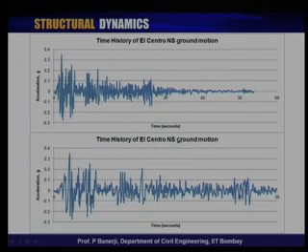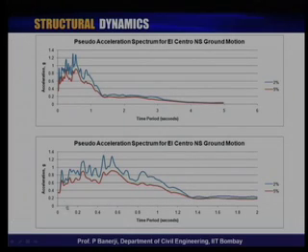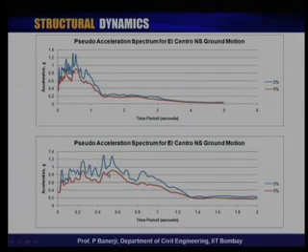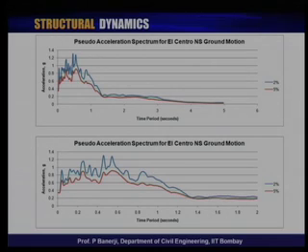This is where velocity controls from about 0.6 till about 1.5, and acceleration between about 0 to 0.6. You see how what we are looking at really comes out even in one single ground motion.